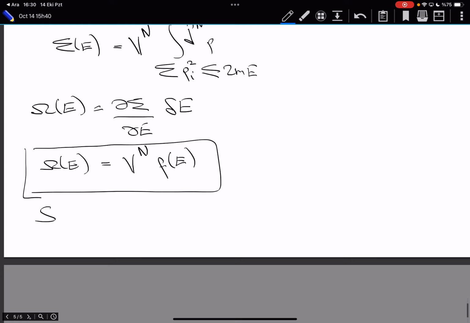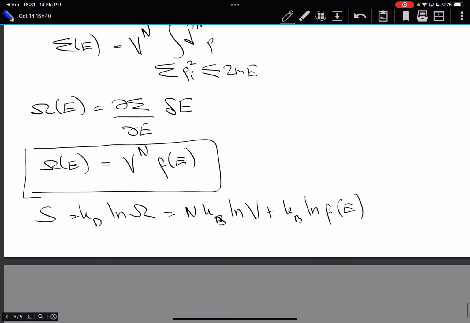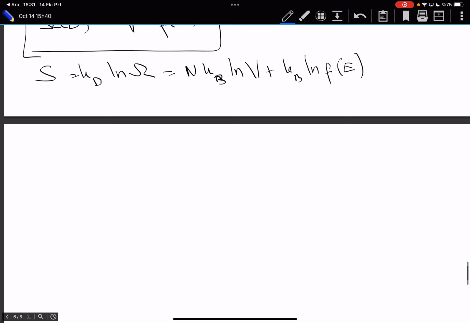Well, the entropy is Boltzmann constant times the logarithm of this omega, which will be nk_B times logarithm of V plus k_B times logarithm of f of E. Well, remember, the E was equal to TdS minus PdV.